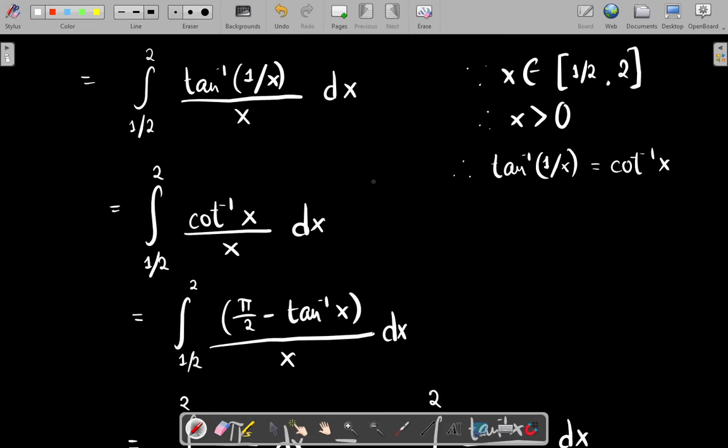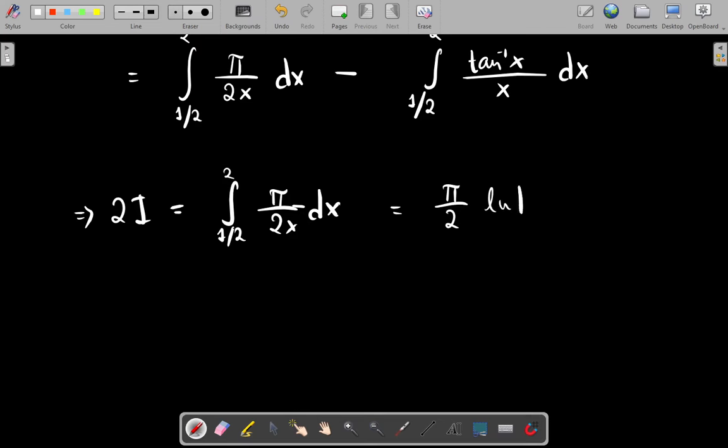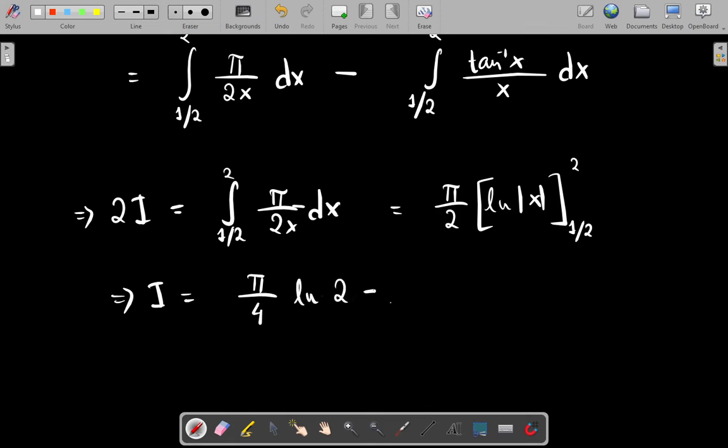If this integral goes to the other side, we have 2I equal to the integral from half to 2 of pi upon 2x dx. Pi by 2 is a constant, so it goes out and this becomes just dx upon x, which is ln mod x, with x going from half to 2. So I becomes, the 2 goes to the denominator, pi upon 4 times ln 2 minus ln half.